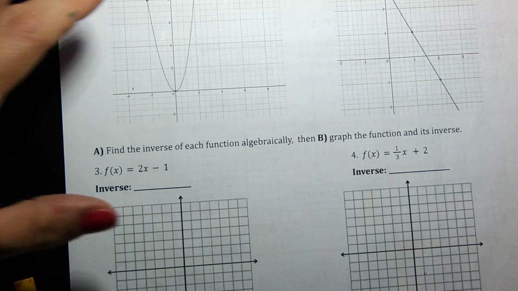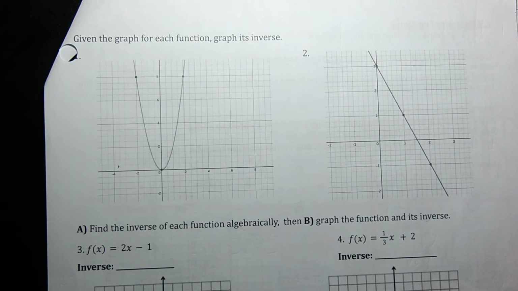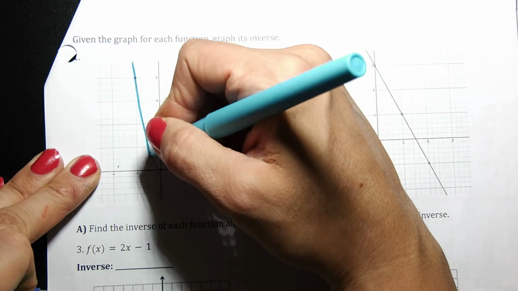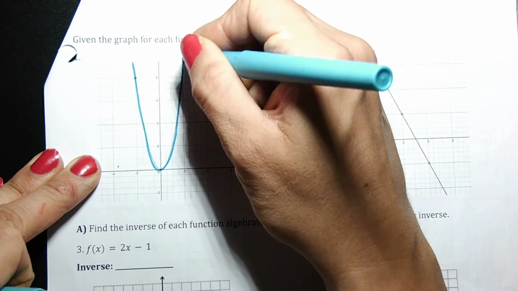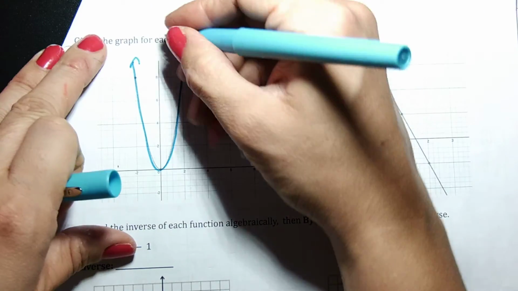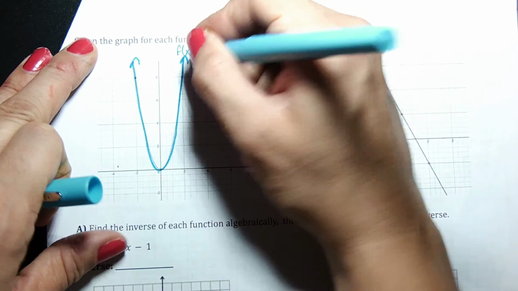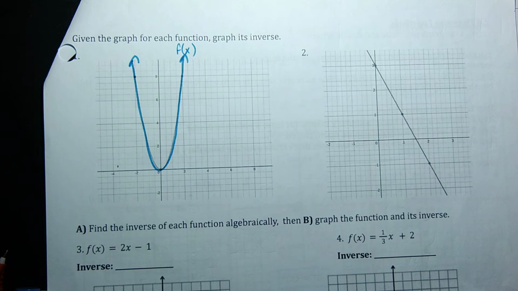So on these problems up at the top, we are given two graphs, and what we want to do is find the inverses. So I've got a quadratic, and I am going to label this f of x for the original function.